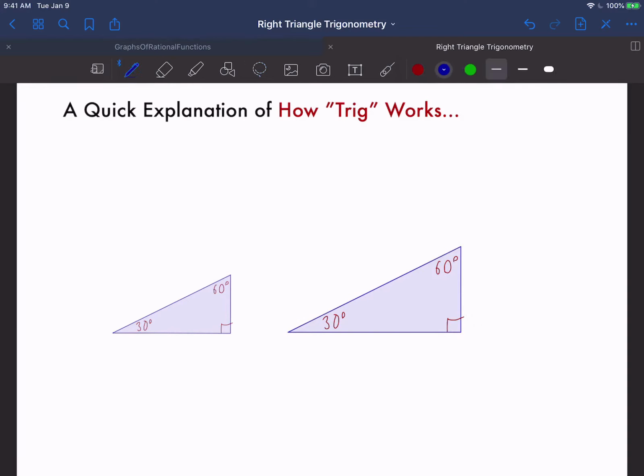One thing that we know about both of these triangles is that they are similar. Why are they similar? AA.